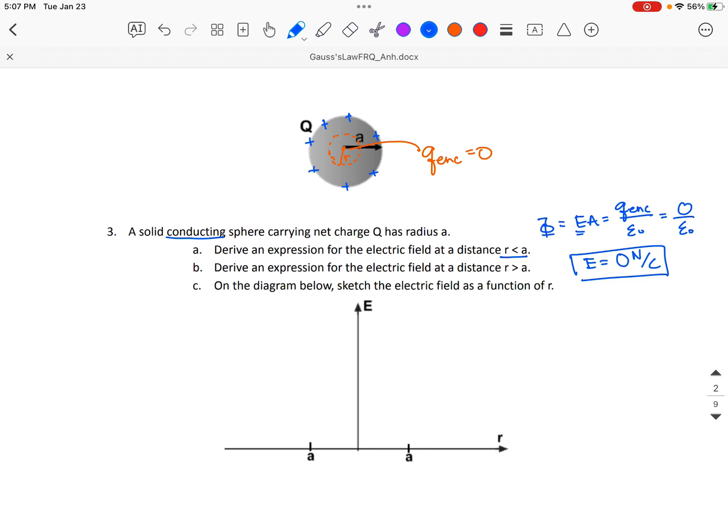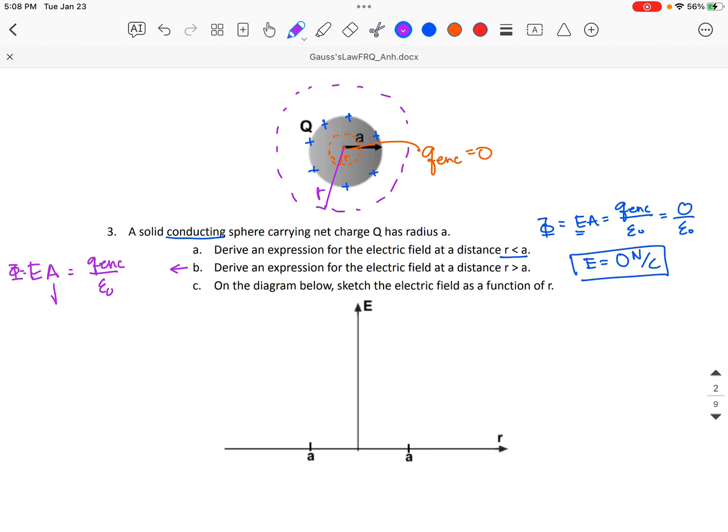Now, if we were to look at the electric field outside of a conductor, and we're going to call this R, so this is for part B, we are going to use our electric flux equation, EA is equal to Q enclosed over epsilon naught.